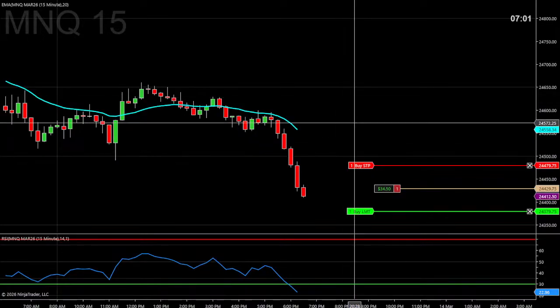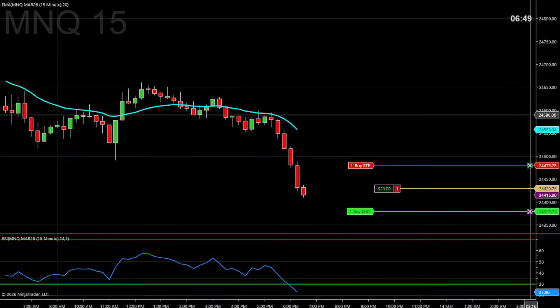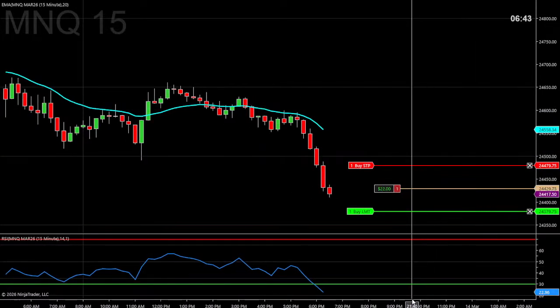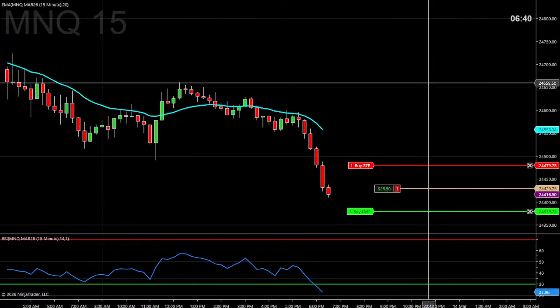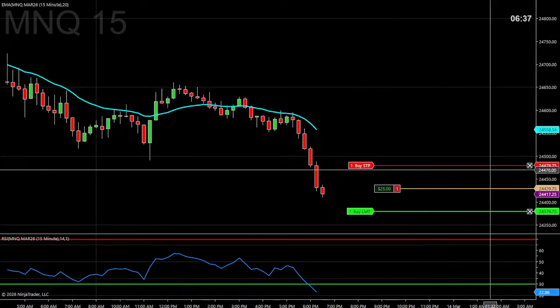Doing decent so far. I'm actually quite relieved because I've recovered my account from the losses that I made before. And I wasn't chasing that recovery either. I was being pretty cautious about it, just making sure I'm following the rules and stuff.